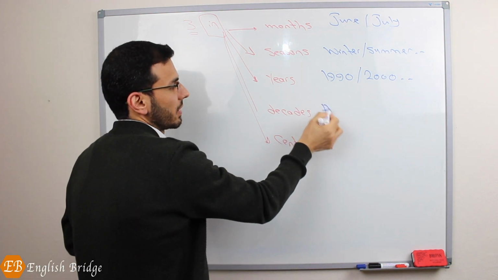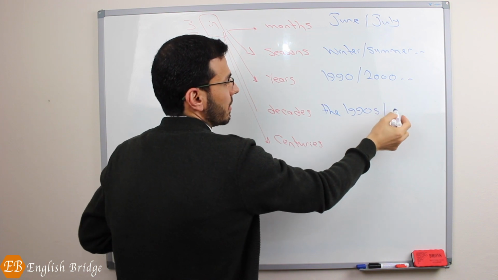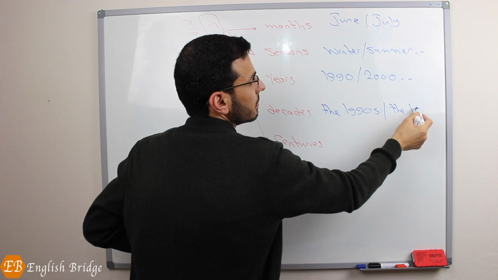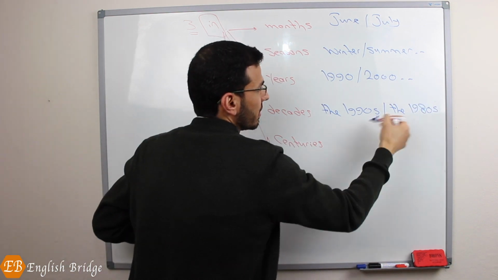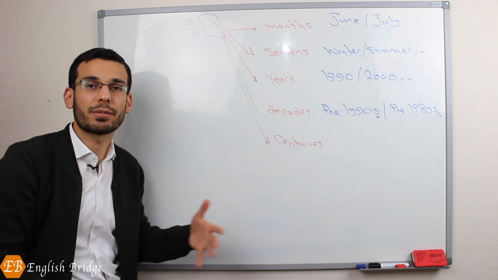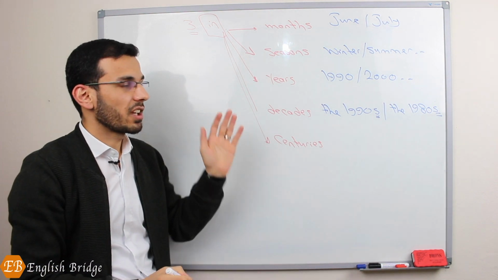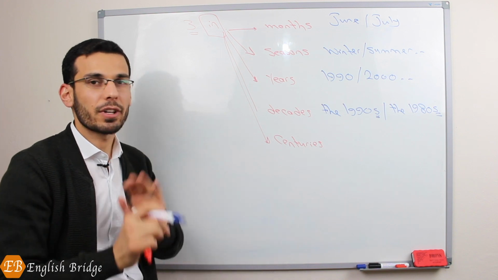For example, in the 1990s, in the 1980s, etc. Here, the 1990s means 1991, 1992, 93, up to 1999. The 1980s means 81, 82, 83, until 89, all right? And the same for everything else.